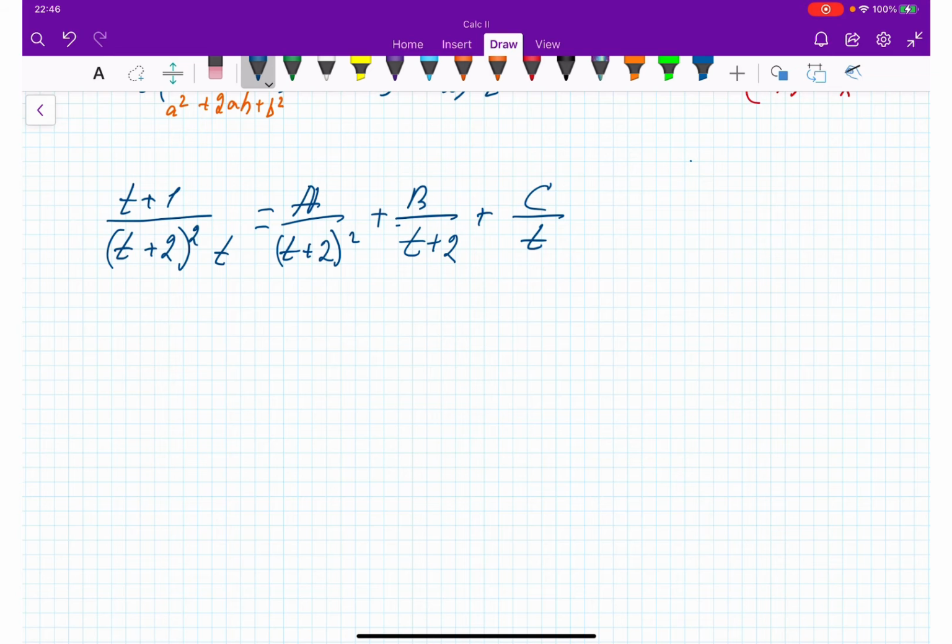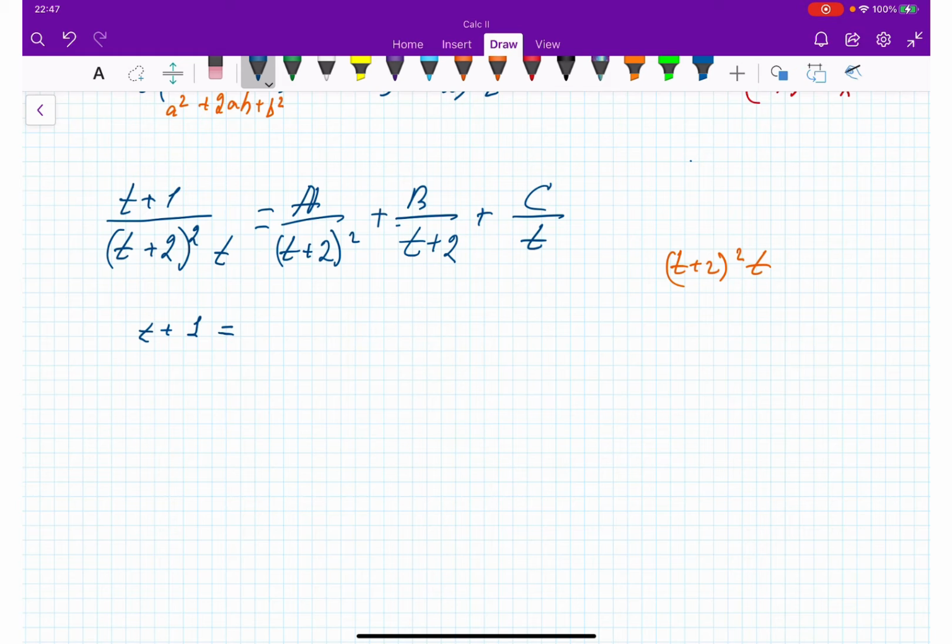Bringing to a common denominator, what is it going to be? It's going to be t plus 2 squared times t, yes? Which means I can drop this denominator on the left side, and I will have t plus 1.